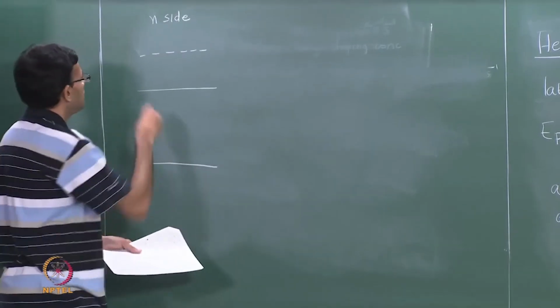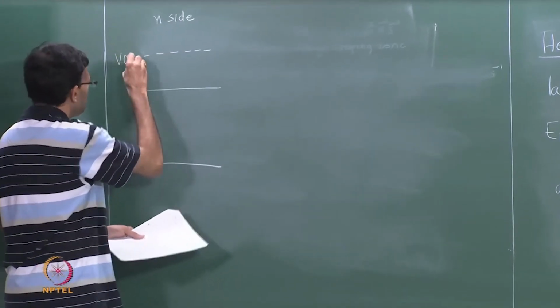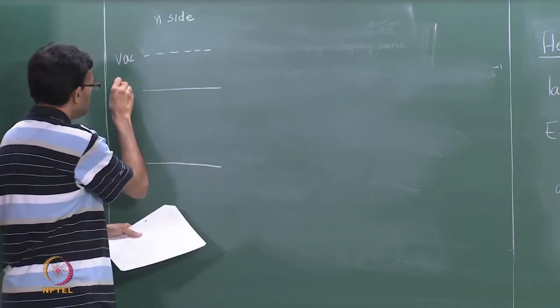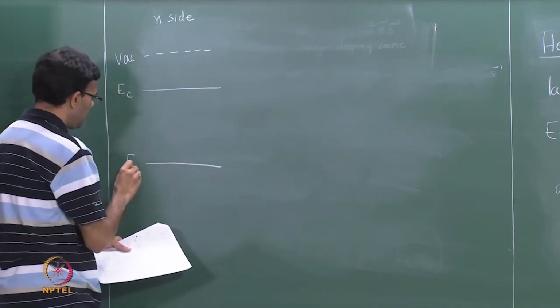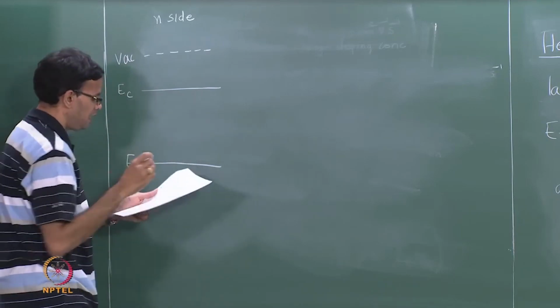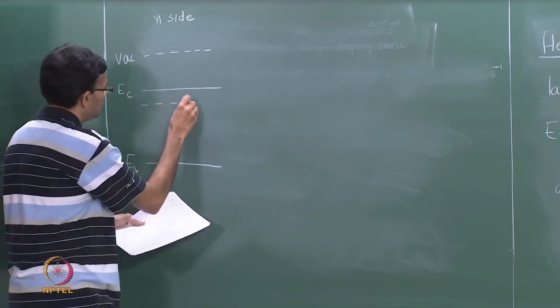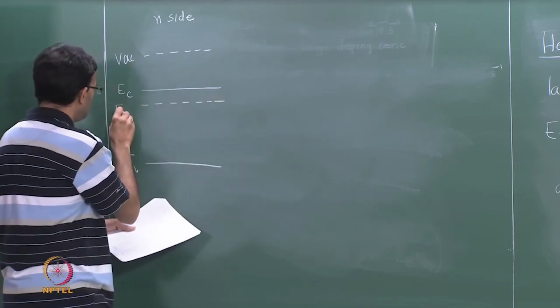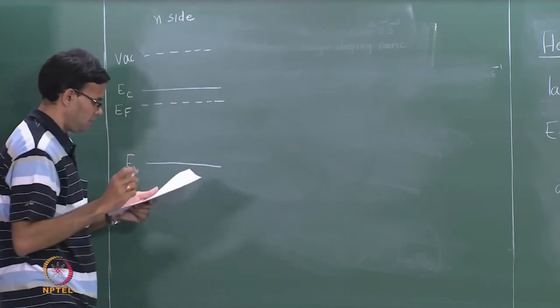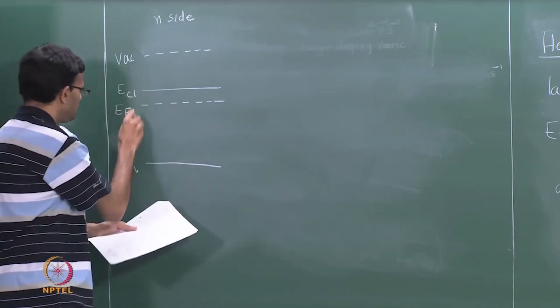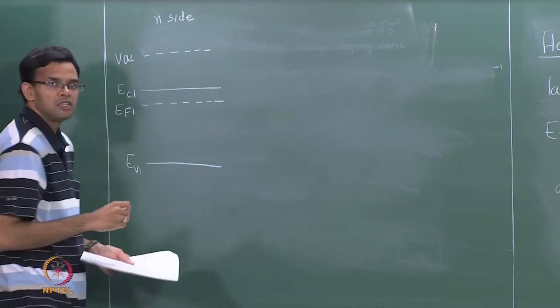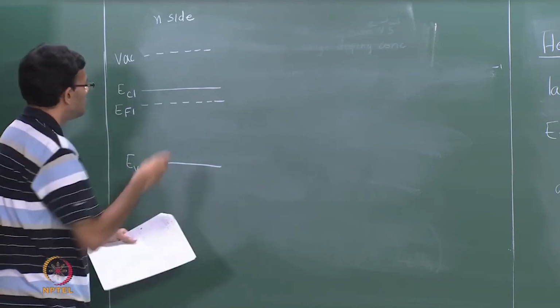This dotted line represents vacuum. This is the conduction band, that is the valence band, and this is the Fermi level. So, I will just call this, put a subscript 1, so that this is material 1.